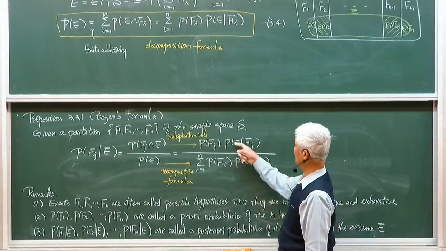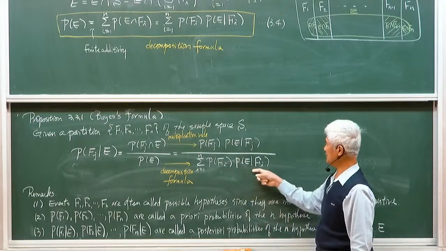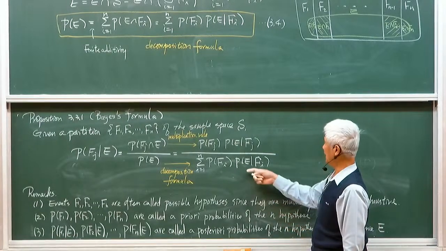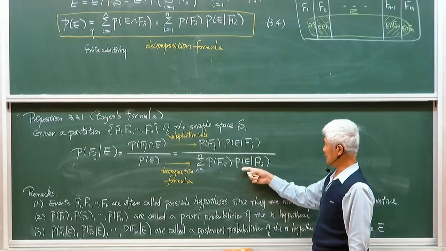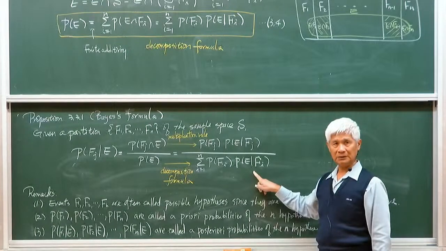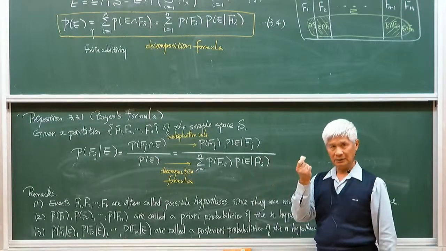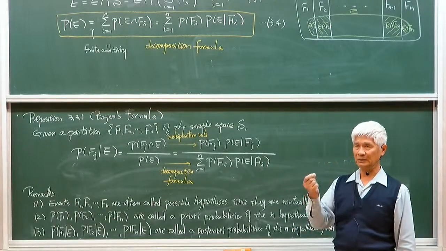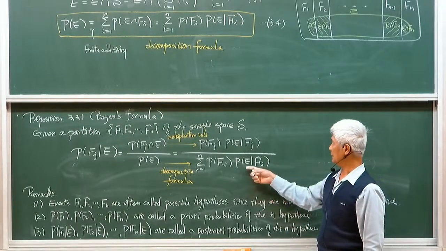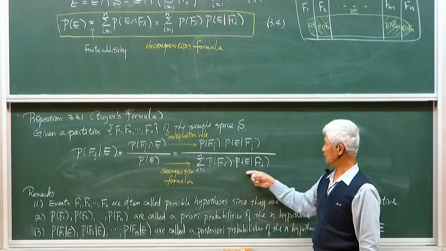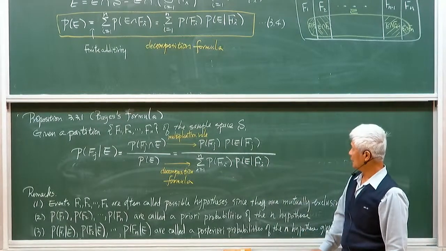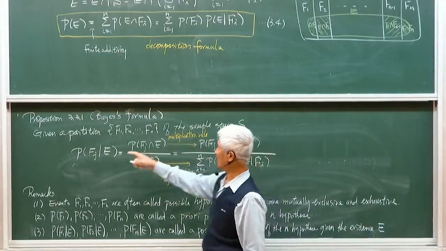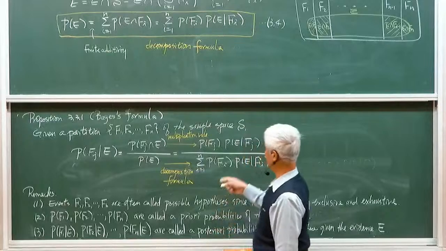The police department will have experts to estimate these conditional probabilities based on the background of each suspect, based on the criminal theory, and then they should be able to find the posterior probabilities.